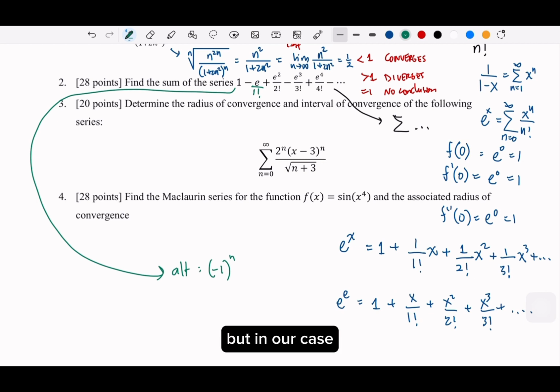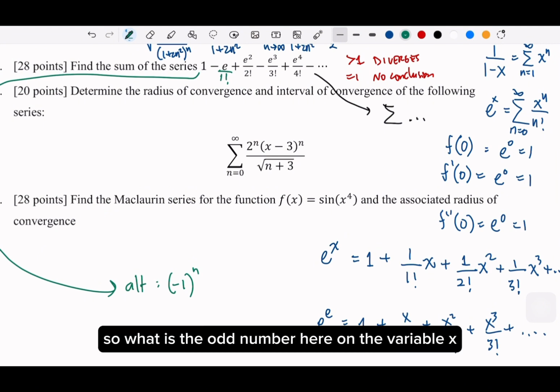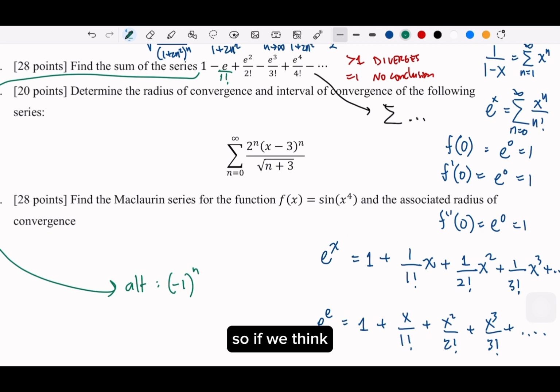But in our case, since it's changing only e and then e cubed, 5, 7, the odd numbers, right? So where is the odd number here? On the variable x.